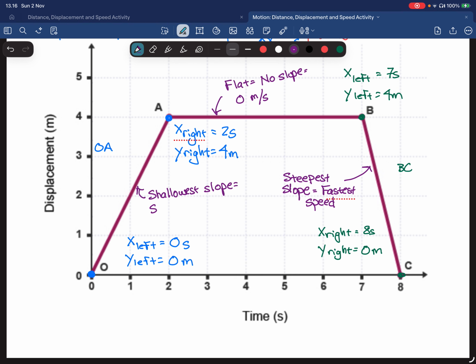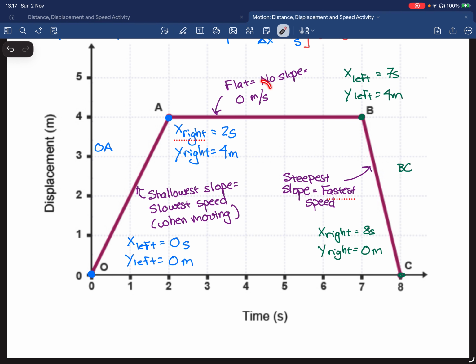So that's the slowest speed when moving, of course, because obviously 0 is even slower than that.